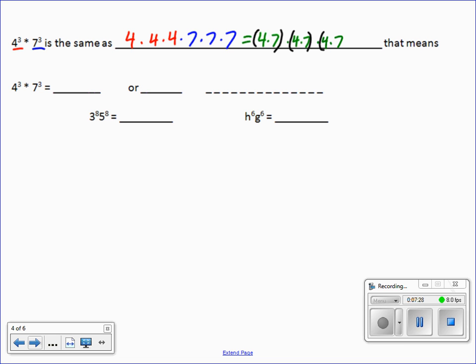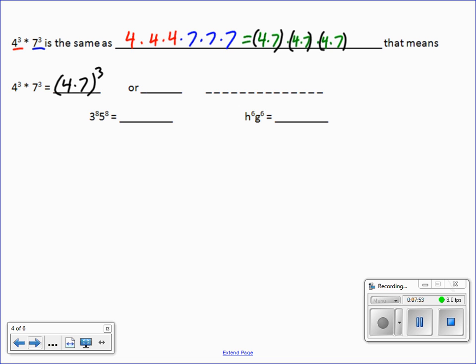But now look at what we have. We have 3 groups of 4 times 7. So we have 4 times 7 cubed. I keep the cubed because I'm going to have 3 4s and 3 7s. If you think of that distributive property, you can distribute that cubed to both of them and get back to where we started.